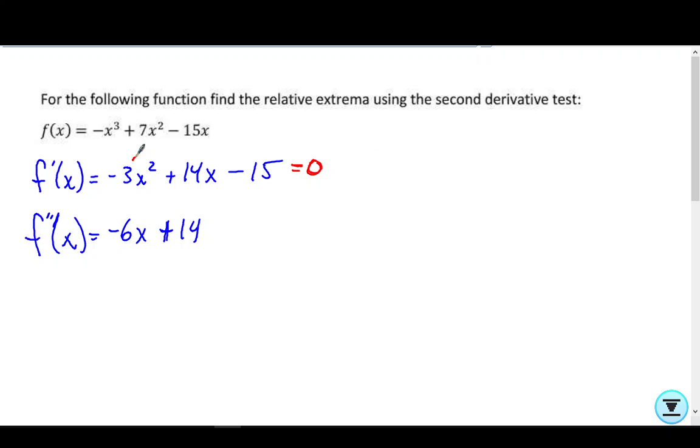So I'm going to use the old slide and divide technique. So I'm going to slide the negative 3 here. So I get x squared plus 14x plus 30. So 1 and 30, 2 and 15, 3 and 10, 5 and 6.